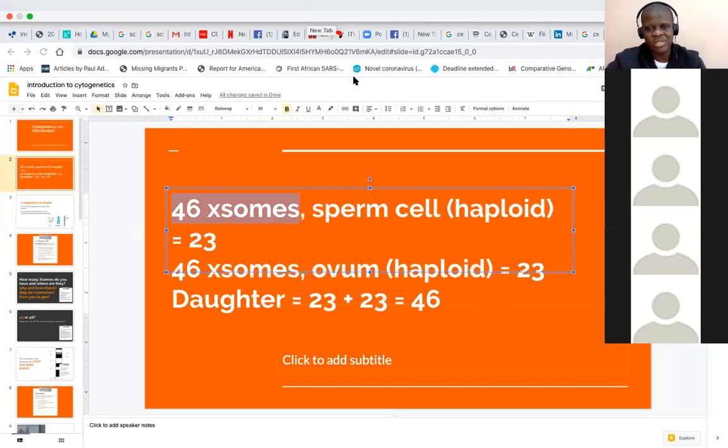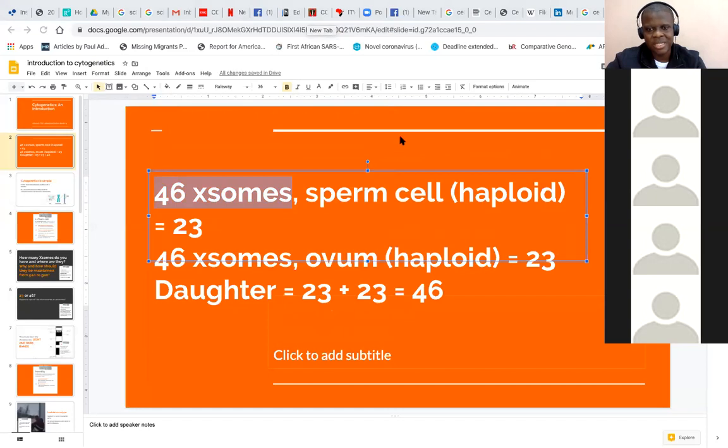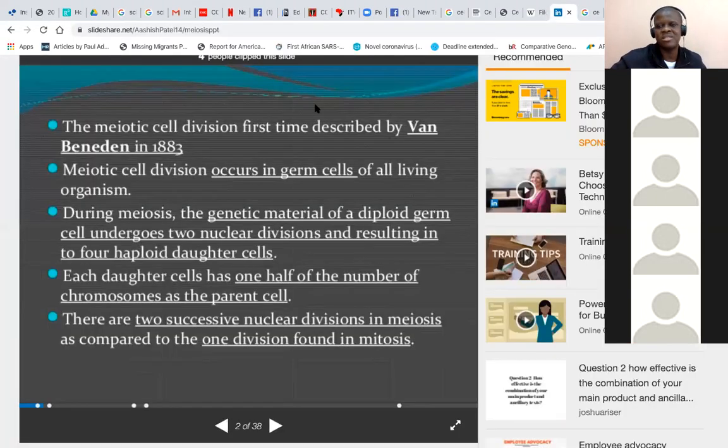So with meiosis, the body is able to maintain the chromosomal number from one generation to another, because it is the principle that ensures that the chromosomal number remains constant. This is a major reason why meiosis is important during sexual reproduction. Without meiosis, the chromosomal number will not be maintained.